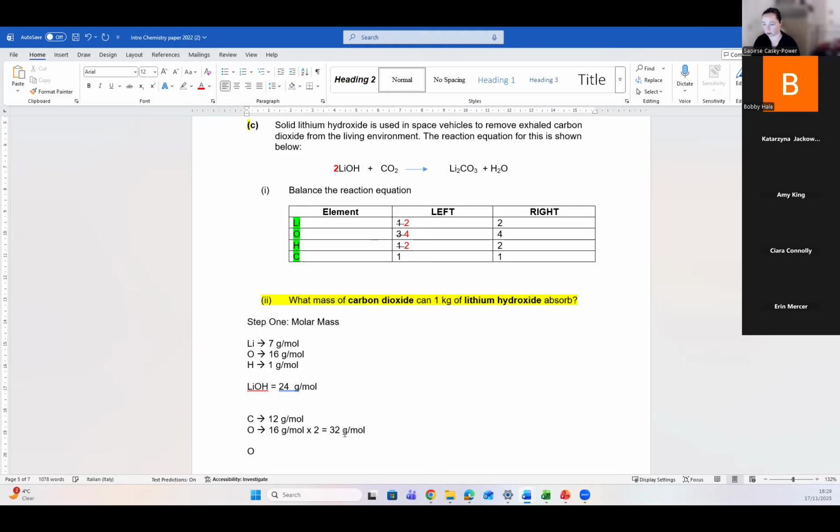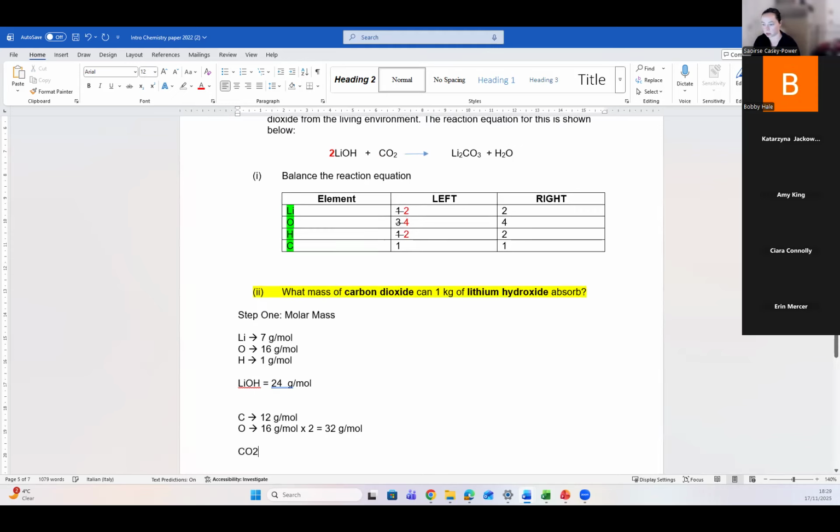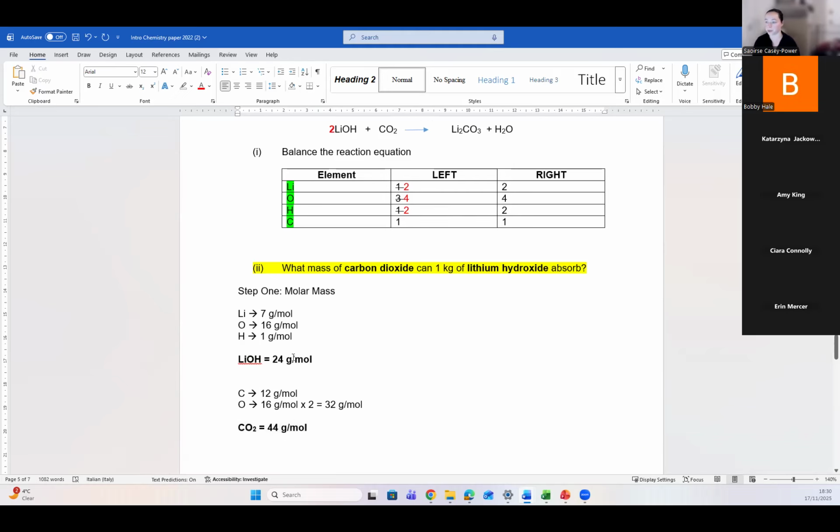So now I just need the total. We should have 44 grams per mole there. Everyone okay with that so far, guys? Yeah. So there are our two molar masses for what we need.